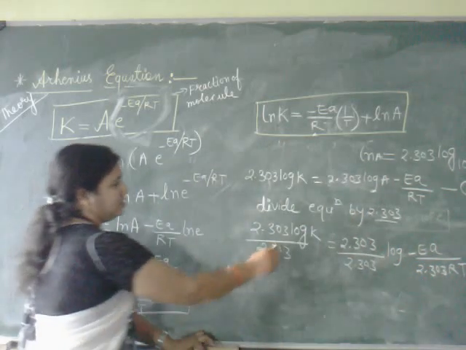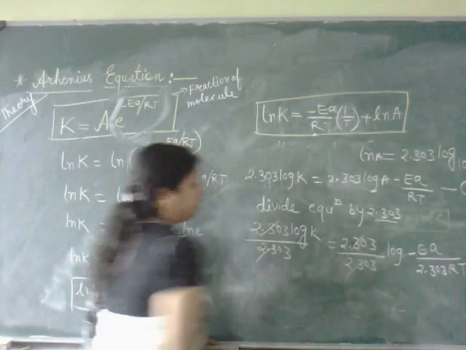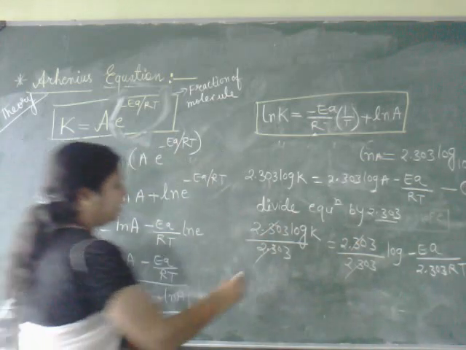So the 2.303 terms cancel. What will we get here?